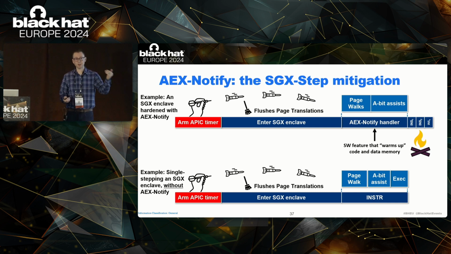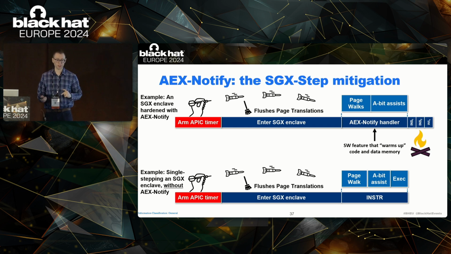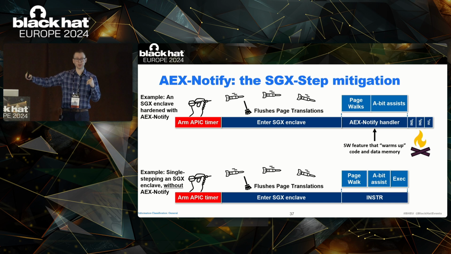Instead, each time an SGX enclave is entered, it passes through what we call an AEX Notify handler. It's a software routine that preemptively warms up the enclave and triggers page table walks and microcode assists ahead of time before jumping to the application code that runs inside the enclave memory.